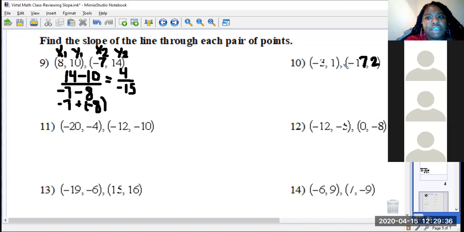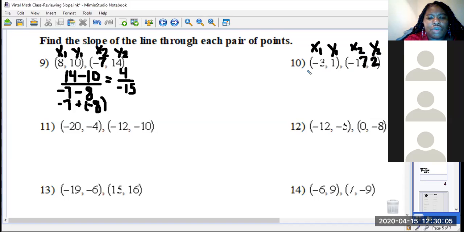All right. Number 10. What do we get? 1 over negative 14. That's a y2.